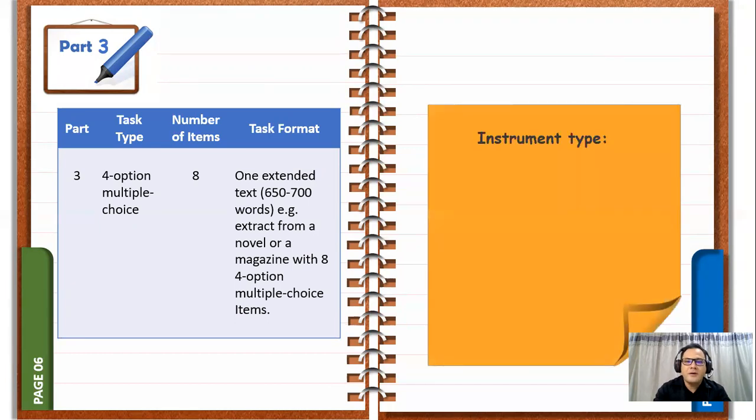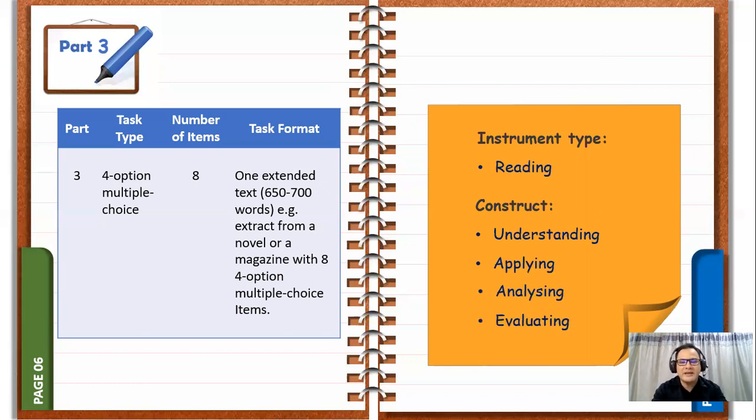For this part, the instrument type is reading skill, and the construct or thinking skills needed to answer the reading comprehension questions are understanding, applying, analyzing, and evaluating.